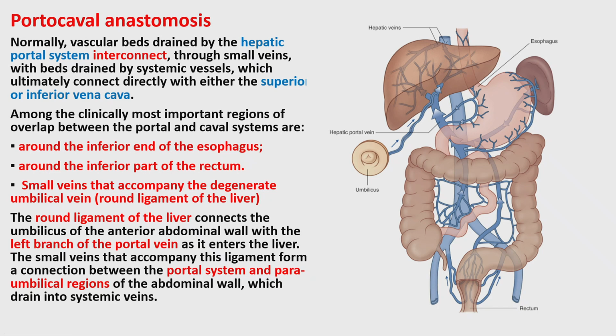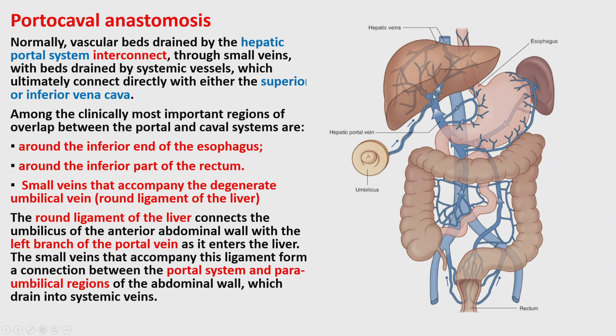So there is a portocaval anastomosis here, and this is one of the reasons, if the liver doesn't function well, of hemorrhoids. So we have external and internal hemorrhoids, and the patient will have bleeding during defecation. So this is extremely important.